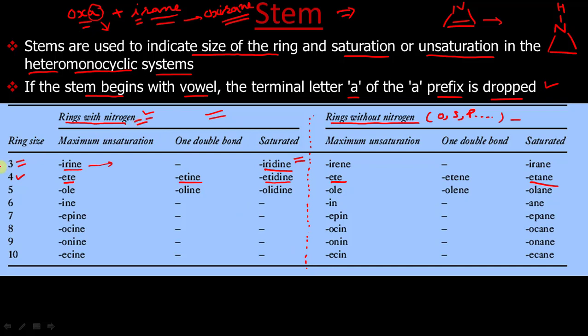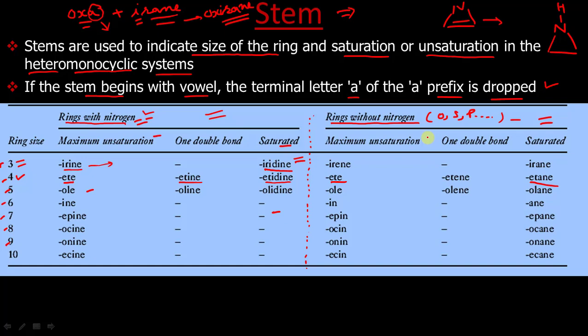Then depending upon the ring size, whether it is 3 membered, 4, 5, 6, 7, 8, 9 membered, and whether it is unsaturated or saturated, we can find the stem from this table. Now if it contains a heteroatom other than nitrogen, then we will concentrate on this part of the table, because these are the stems for heteroatoms other than nitrogen. So that's how we will find the name.